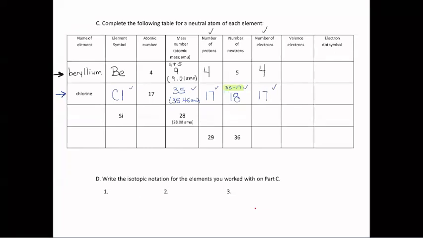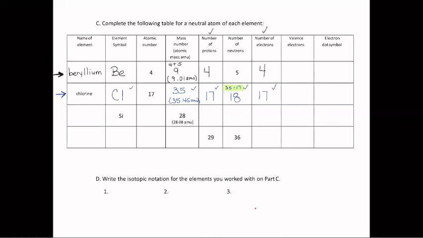Is the number of protons and the number of electrons always the same as the atomic number? It is always the same as the atomic number as long as we're talking about ground state elements. For this exam, we are only dealing with ground state elements.